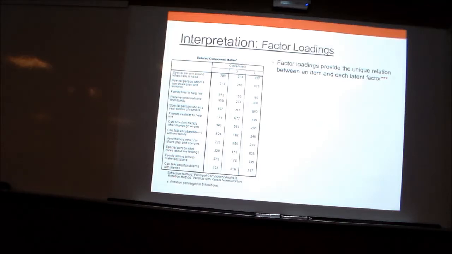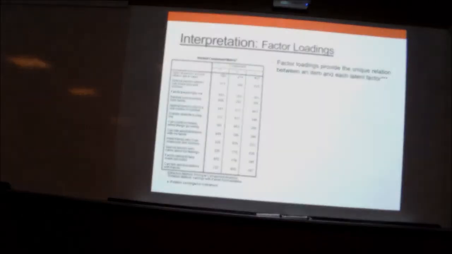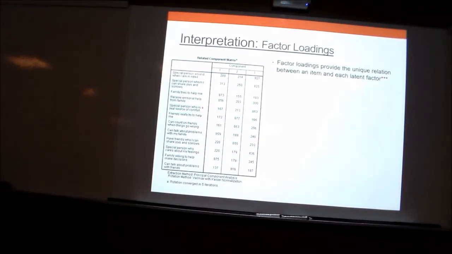So in this measure, we'll run through this in SPSS. 'A special person is around when I'm in need' correlates with factor 1 at 0.289, factor 2 at 0.214, and factor 3 at 0.87827, right? If we square these and add them all up, what do we get, Sarah? The communality, right? Again, in the orthogonal rotation.